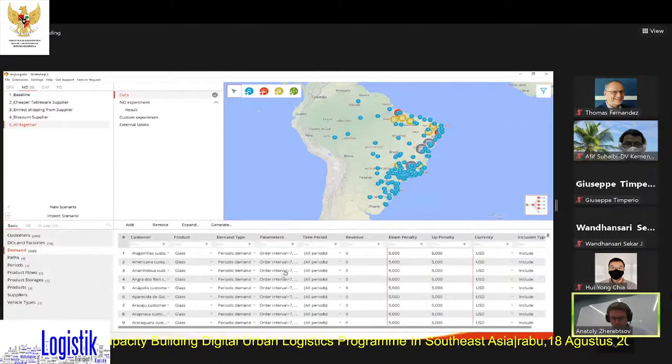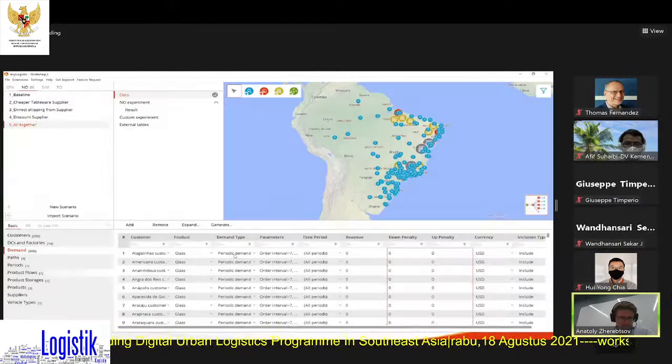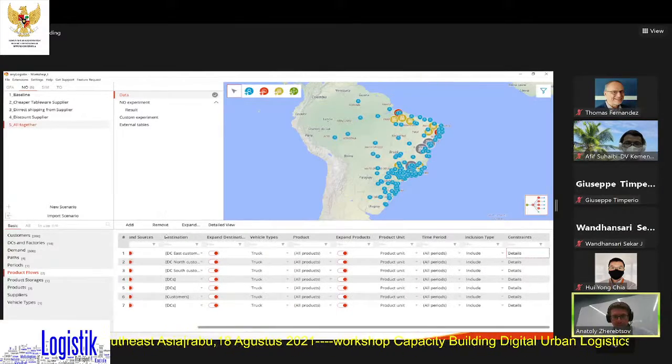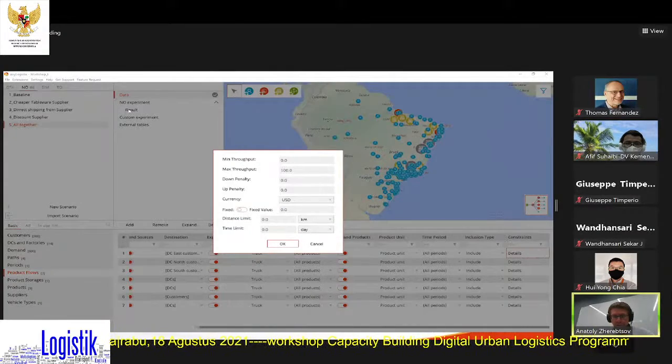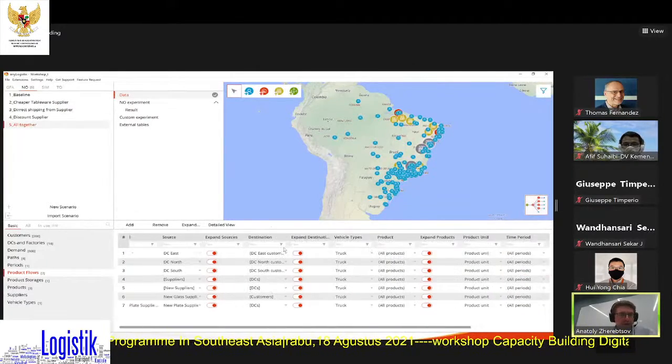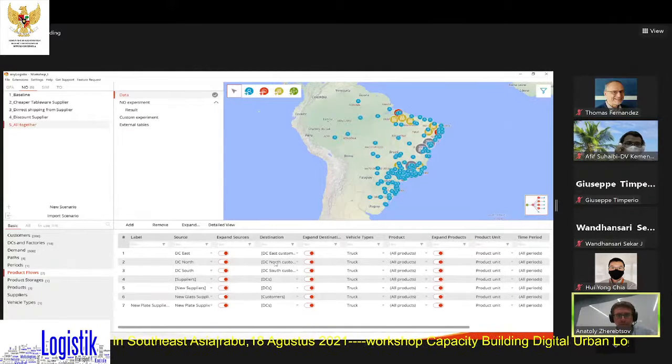I will remove penalties for demand. I will apply this throughput constraint like this for certain facilities, and I will run the experiment again.